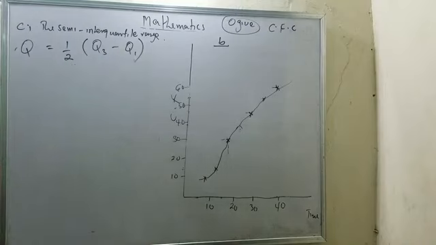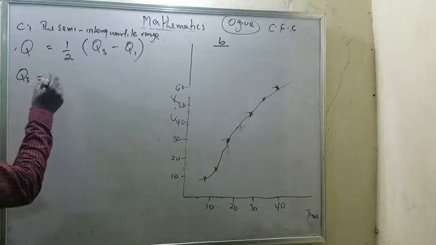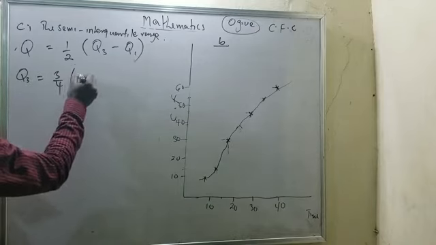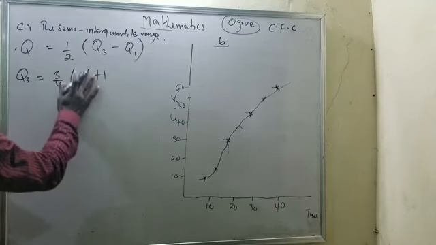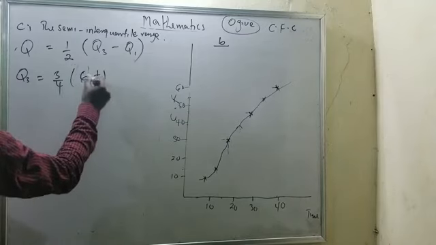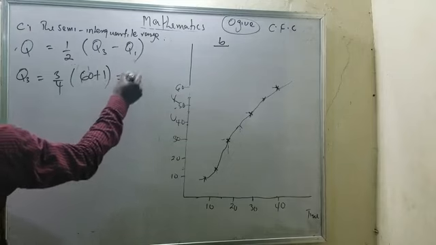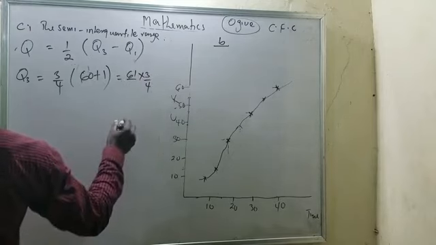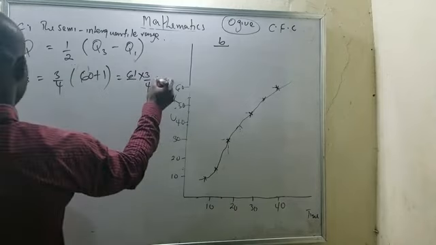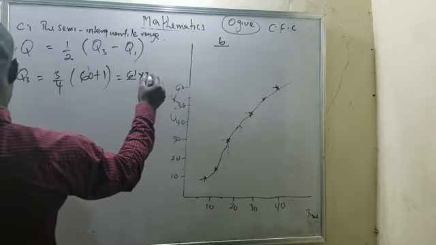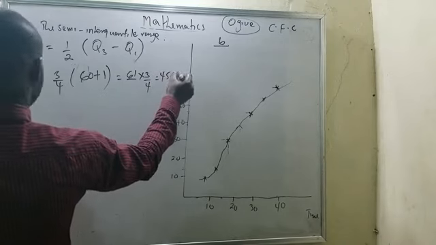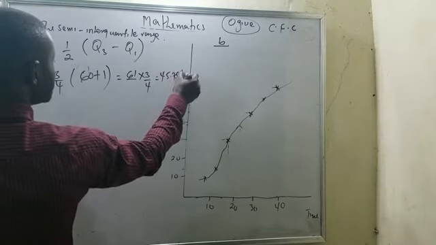Now, my Q3, as I told you in our previous solution, will be 3 over 4 of the number plus 1. The number is 60, so it is 61 multiplied by 3 over 4, which gives the 45.75th position.